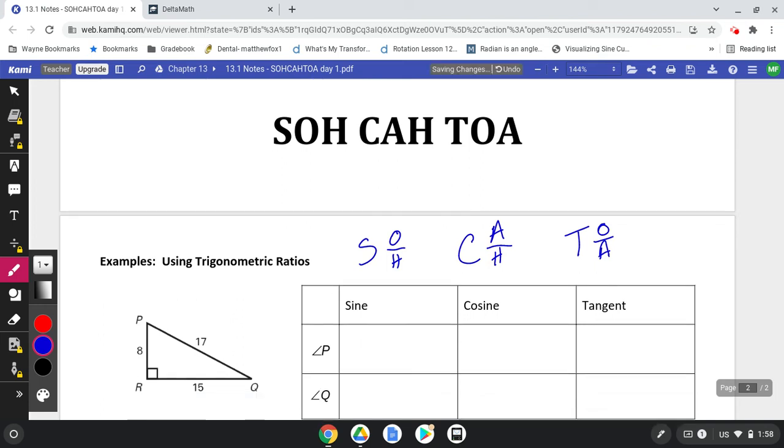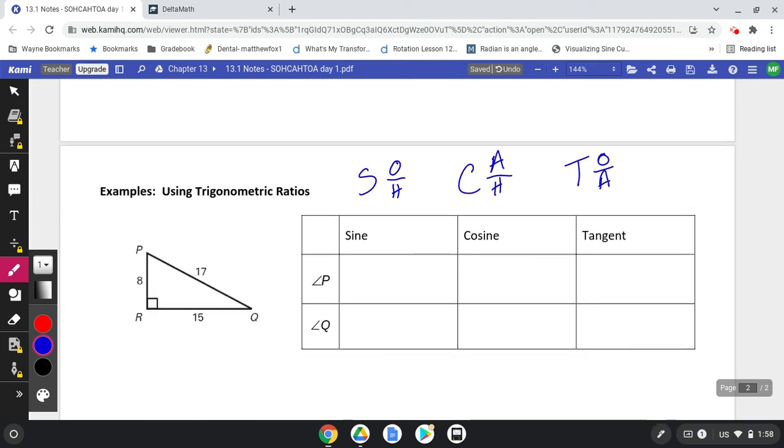Okay, SOHCAHTOA. So the sine of angle P. For angle P, we care about it compared to this angle, angle P, the one I put in blue. Now, opposite of angle P is the 15. Adjacent to angle P is the 8, and 17 is the hypotenuse. So in blue here, the sine of angle P, O over H, is 15 over 17.